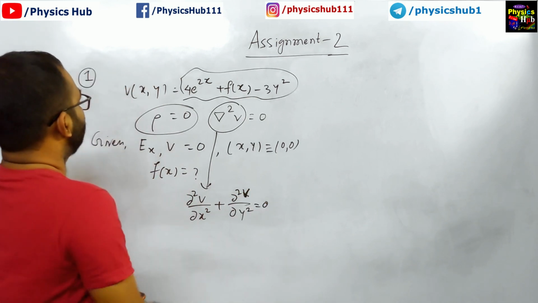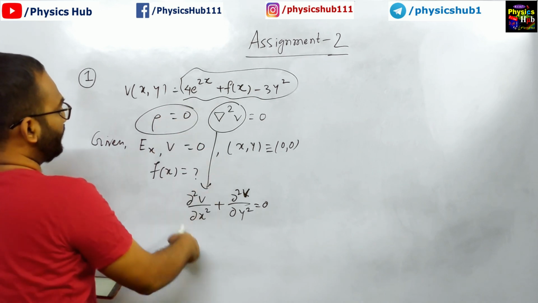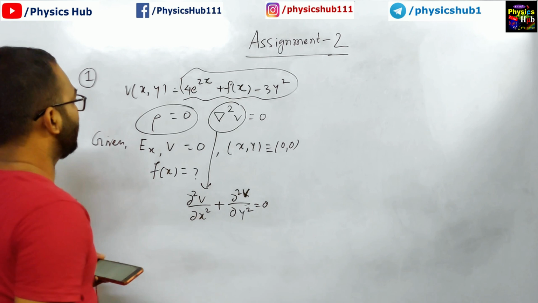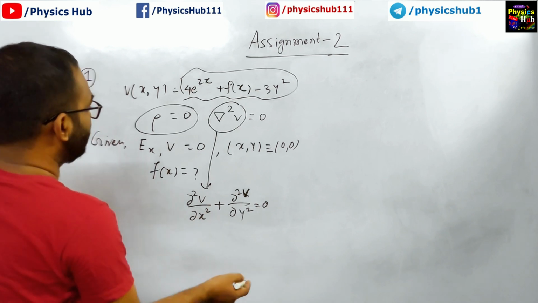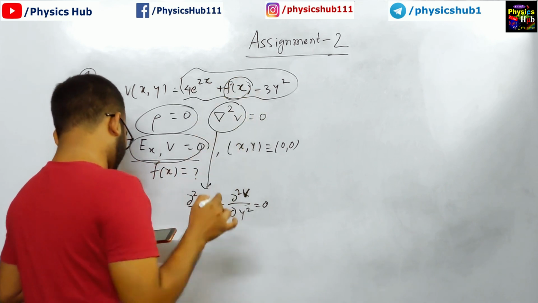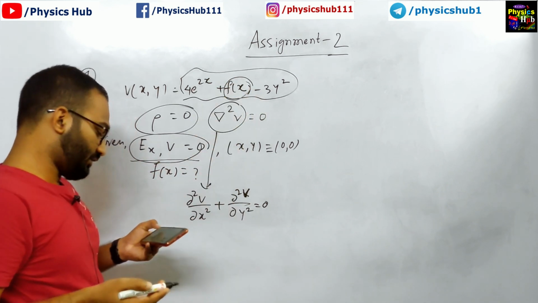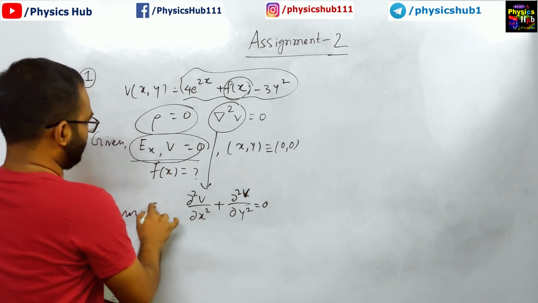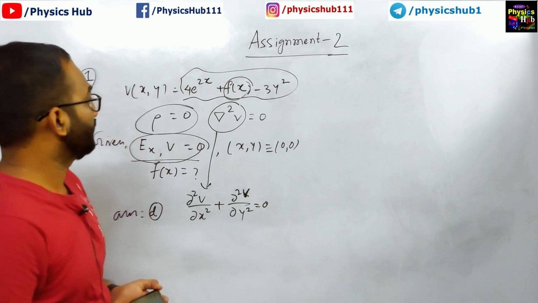Now V of x, y is given, so you will find these quantities and end up getting an expression, and using the boundary conditions you can easily find the value of f of x. It's a very standard problem. This will give you option D as the correct option. I hope you can easily solve this problem.